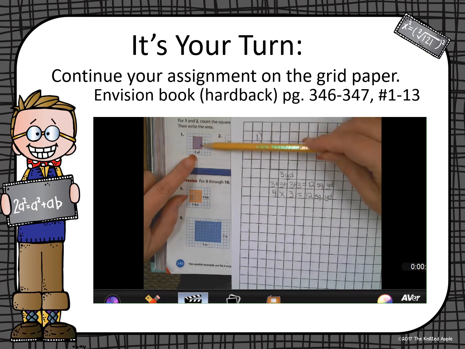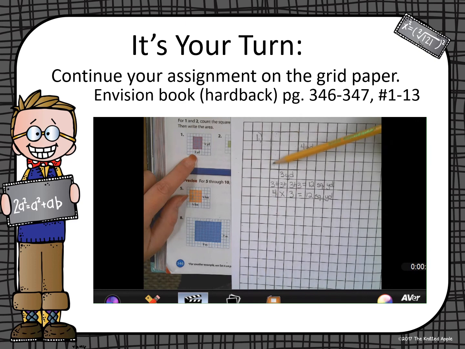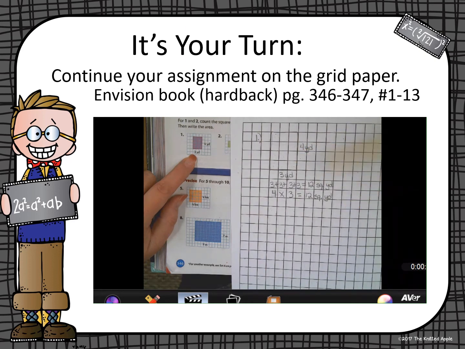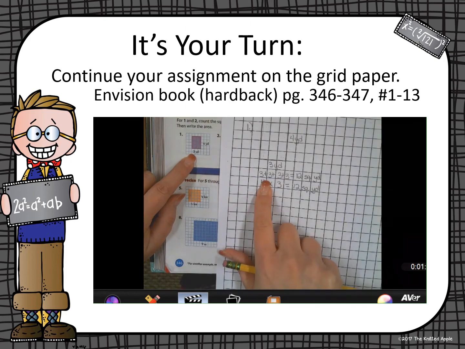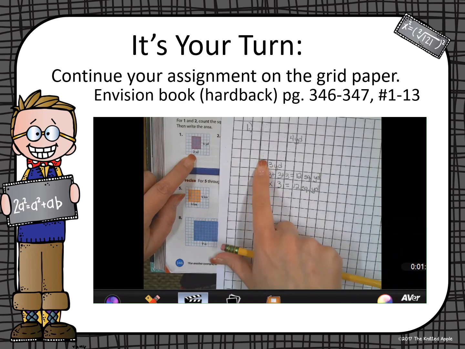So I have my 4 rows down. And I have my 3 square tiles in each row going across in my width. So my length is my 4 rows, and my width is my 3 tiles in each row. You're also going to record an addition sentence to go with your array, which is you're trying to find your square units.